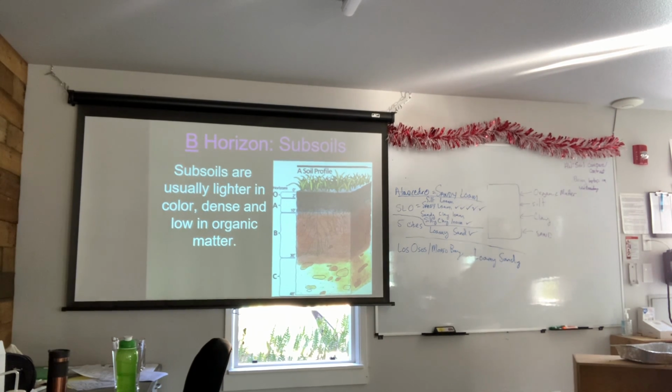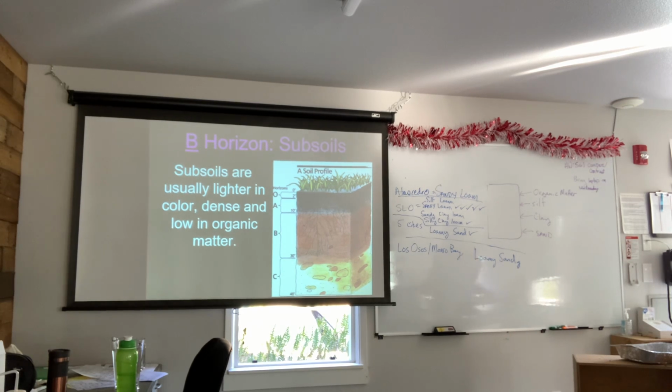Okay, so has anybody ever dug a hole for maybe a tree or for some construction project and seen that you get past the top layer and then it changes? It is a noticeable difference. It gets lighter, it gets rockier, it gets harder to dig. Yeah.